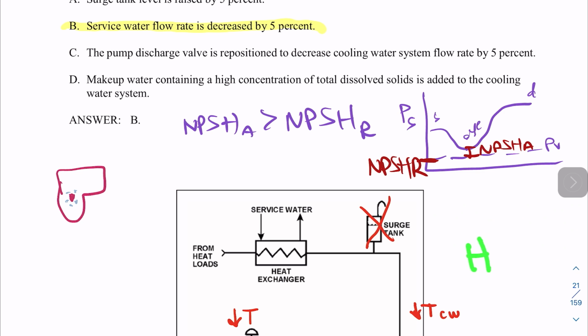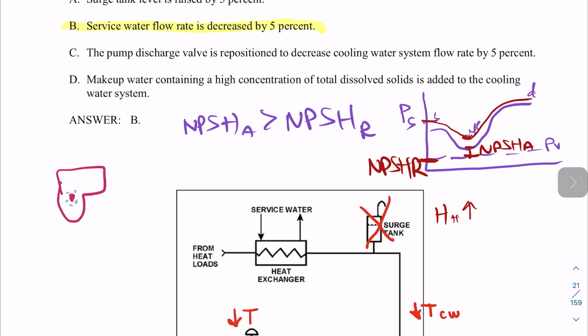We're going to have a height of our tank. So when we increase that, we are basically increasing the static head available. So the head of the height, we are increasing it. That means we are increasing the suction pressure, and that's going to give us a higher saturation temperature, basically.